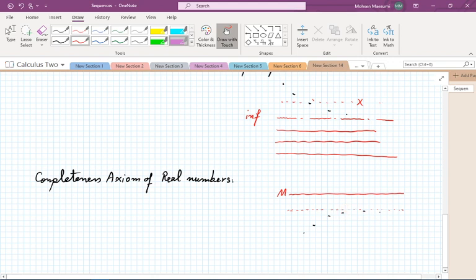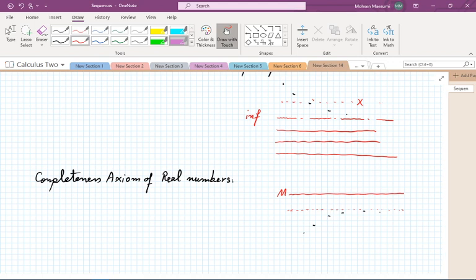So what the completeness axiom says, it guarantees for us the existence of this line. You say there is a real number at which all the elements of the sequence are at or below this, and if you lower this, there's going to be somebody that's going to be above that line. Okay, that comes intuitive to us, but in mathematics we have to consider it an axiom to play with that.